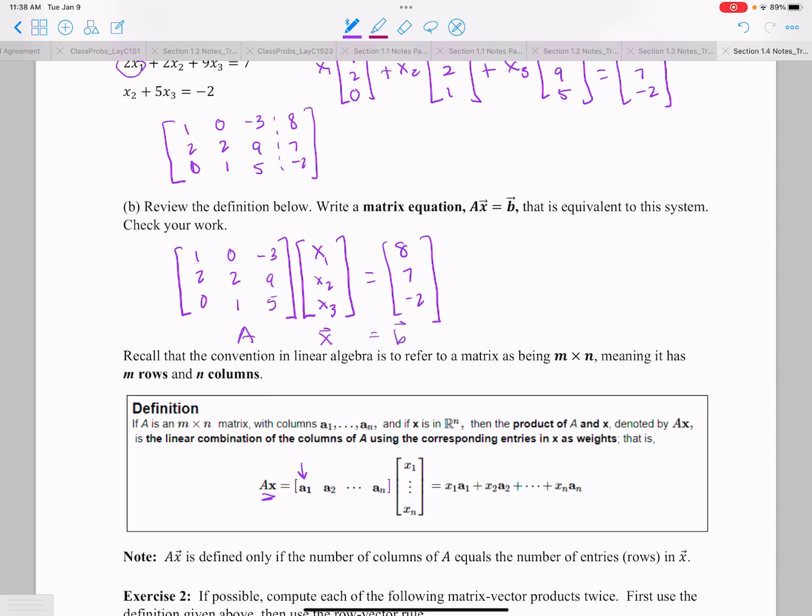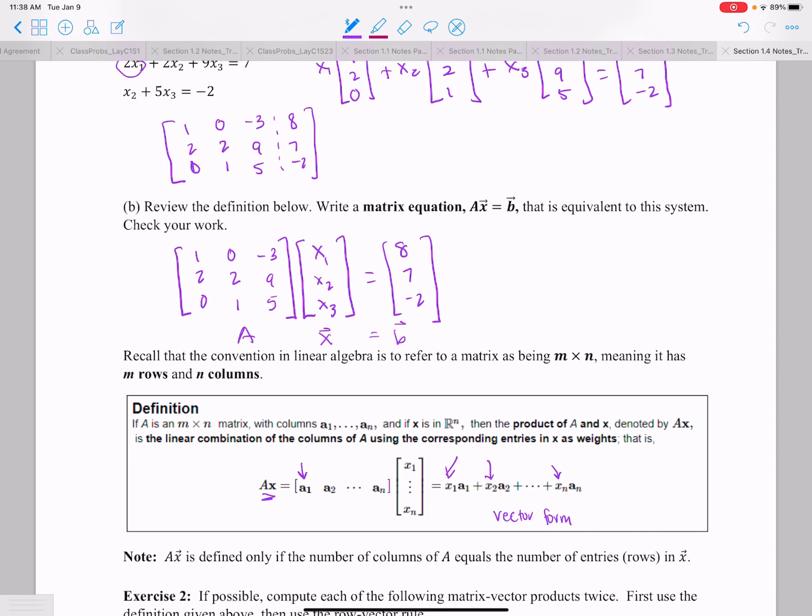And then notice, another way to write that is this x1 times the first column. So this is the vector form. Another way to see this is that the x's are the weights, and this is a linear combination of the columns of A. So that's just another way to see this.